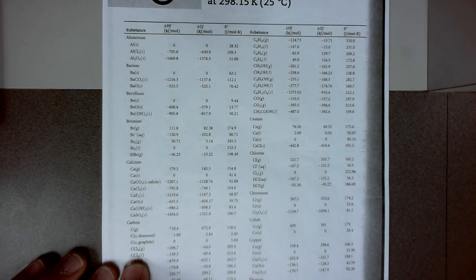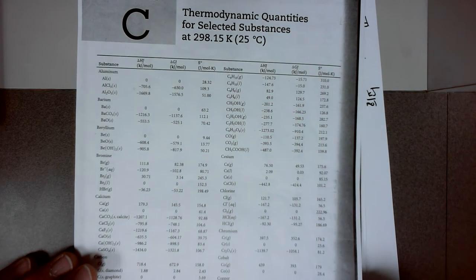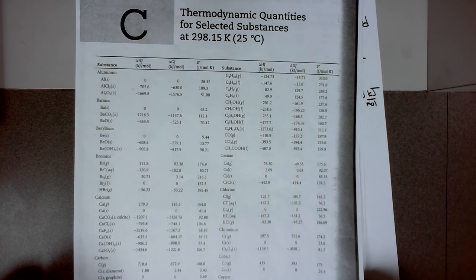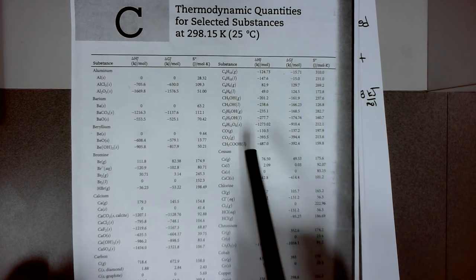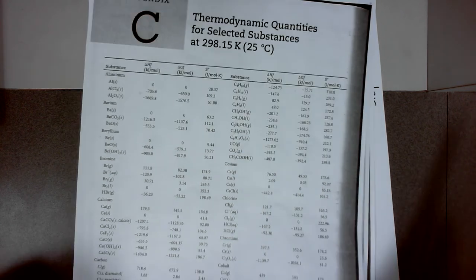If I wanted to do it in liquid form, it would be negative 139.3 kilojoules per mole. If we look at the formation of water, let's see if we can find it. Well, real quick, the formation of carbon dioxide gas would be a negative 393.5.